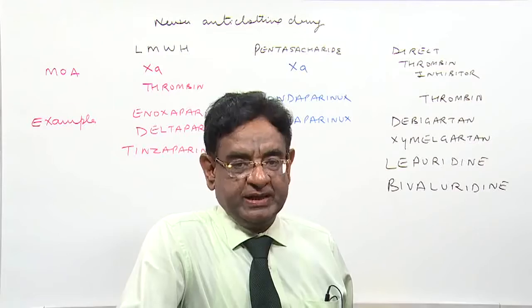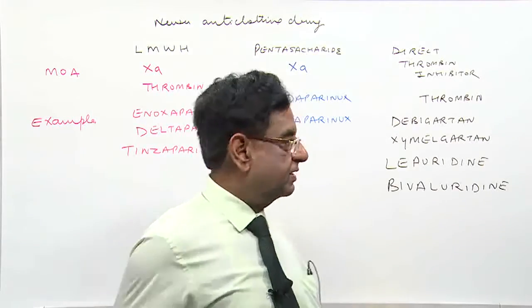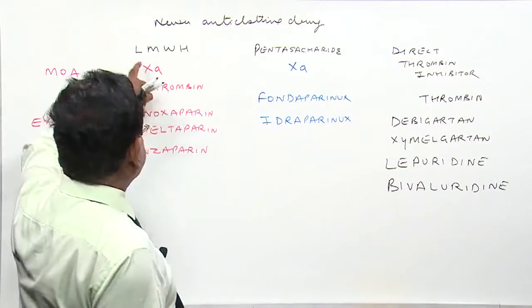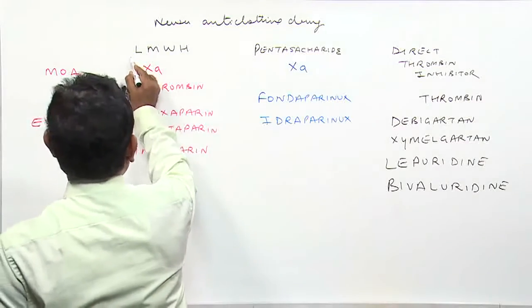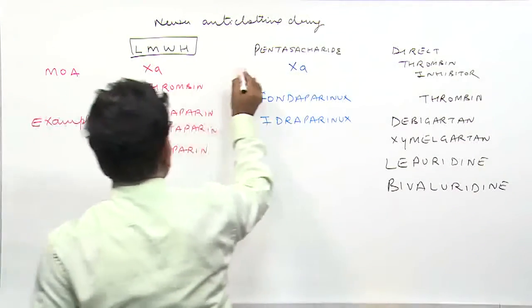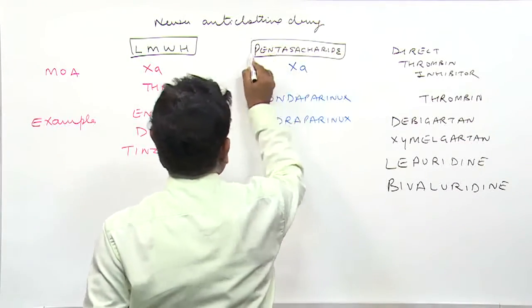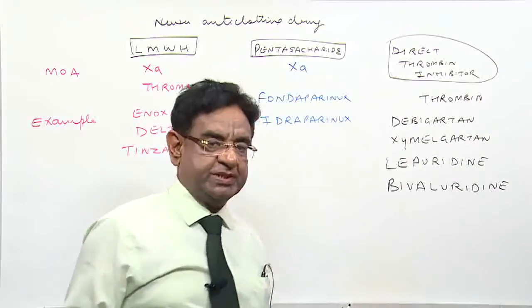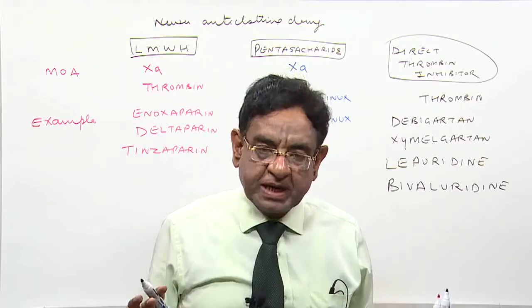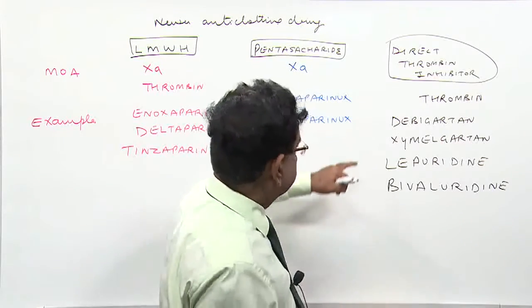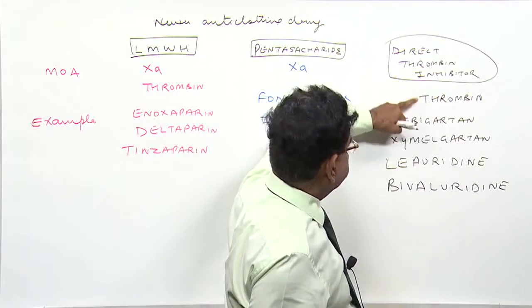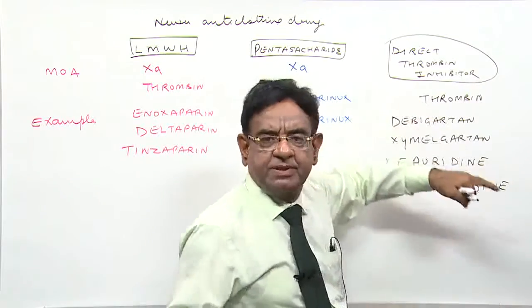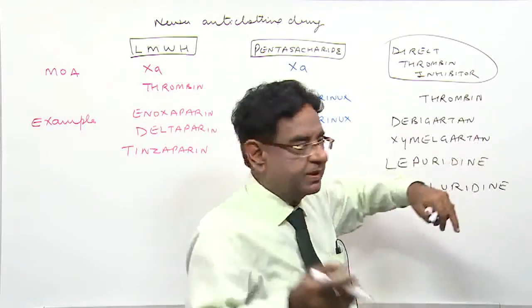Let me simplify this table for you. First of all, we have three categories: low molecular weight heparin, pentasaccharide, and direct thrombin inhibitor. First we see the mechanism of action. Direct thrombin inhibitors inhibit thrombin, easy to remember.